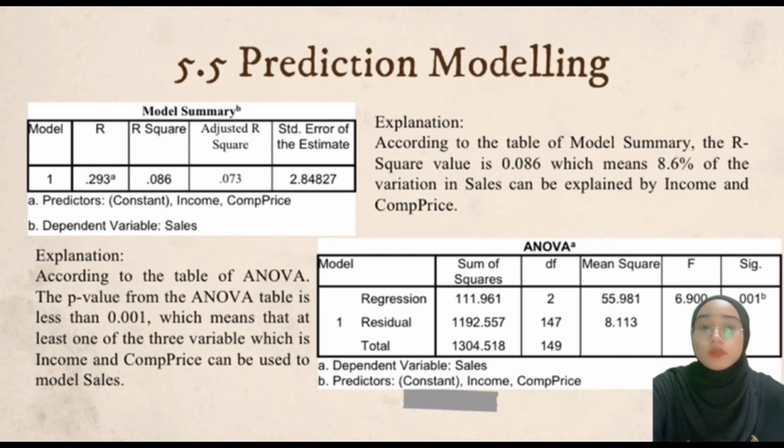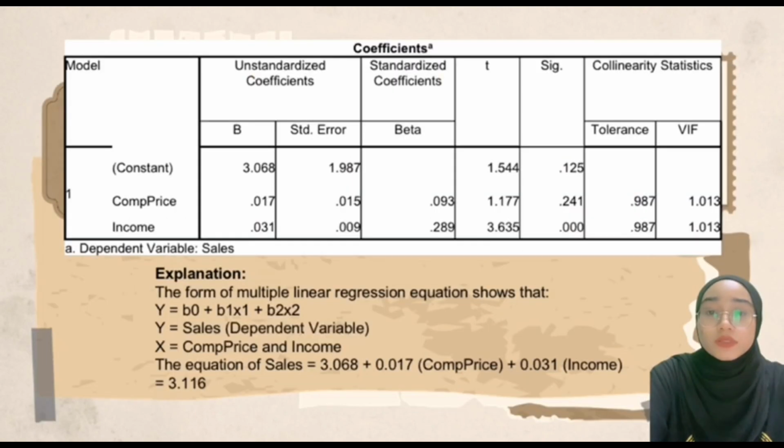According to the ANOVA table, the p-value is less than 0.001, which means that at least one of the variables, income and comprise, can be used to model sales. So these are the coefficients.